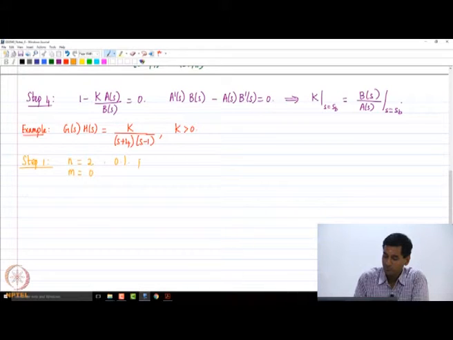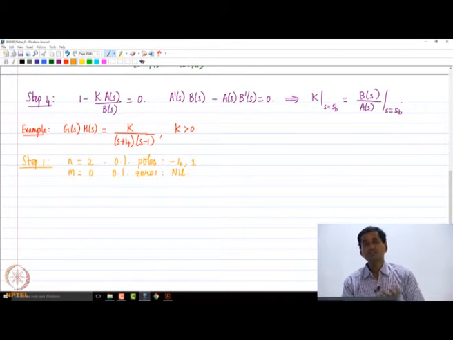So the 2 open loop poles are at -4 and +1. There are no open loop zeros. So consequently, we are going to have 2 branches starting from -4 and 1 as k tends to 0, and the 2 branches of the root locus will go to infinity along asymptotes as k tends to infinity. So that's what is going to happen.